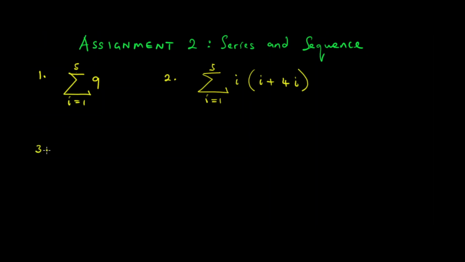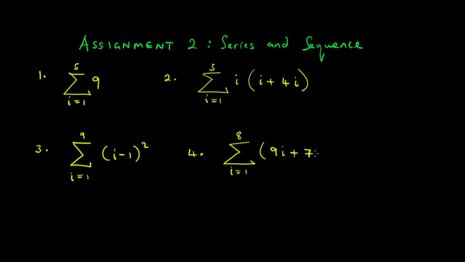Number 3 says, evaluate the summation from I equals 1 up to 9 of (I minus 1) squared. Then number 4 says, the summation from I equals 1 up to 8 of 9I plus 7. Then number 5, let us say, the summation from I equals 1 up to x of 12.